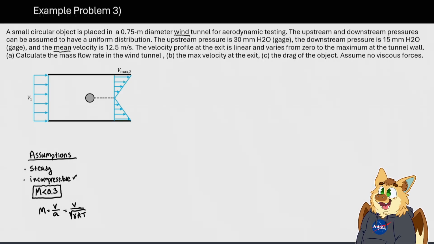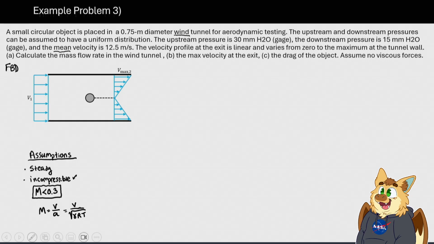So if they give you Fahrenheit or something, I would recommend converting everything into metric units because it's much easier to work with in a cleaner format. But if your Mach number again is less than 0.3, you are good for incompressible flow. So I just want to make that apparent because you shouldn't blindly assume incompressible, because if you aren't, you'll get the incorrect answer. Okay, next we will work on our free body diagram here.